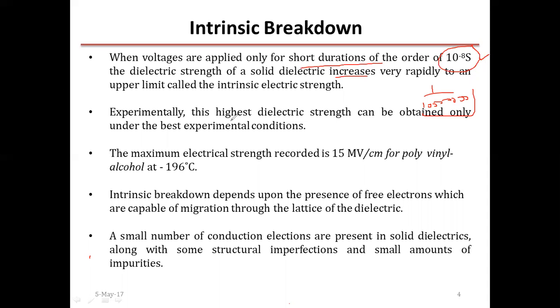Experimentally, this highest dielectric strength can be obtained only under the best experimental conditions. The maximum dielectric strength recorded experimentally is 15 megavolt per centimeter, meaning for a 1 centimeter gap between the electrodes.